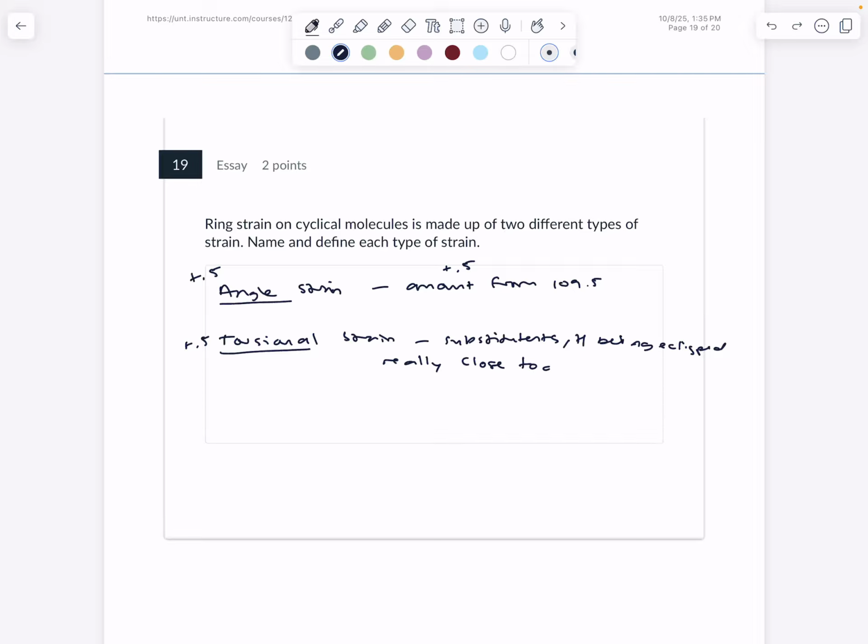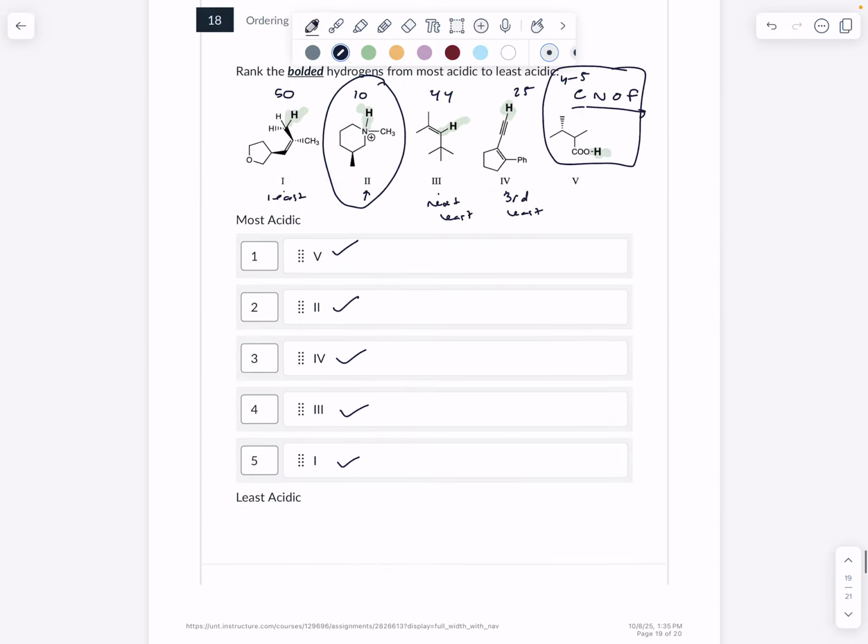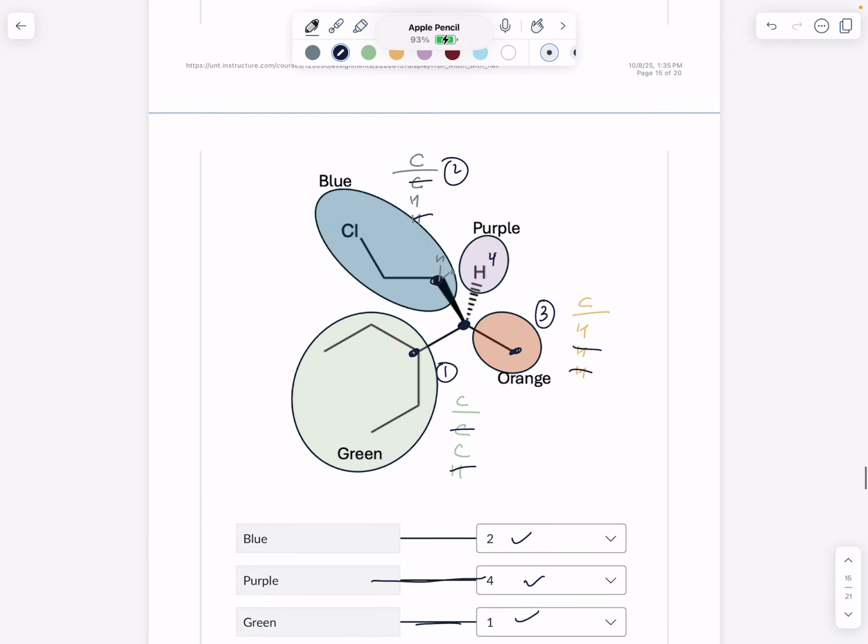It's hard to spell and talk at the same time. Those are going to repel each other, and it will strain them to be close together. And torsional strain is actually the biggest reason that cyclohexane bends out of the chair conformation.